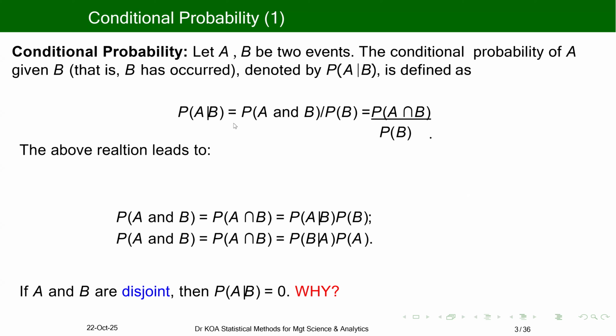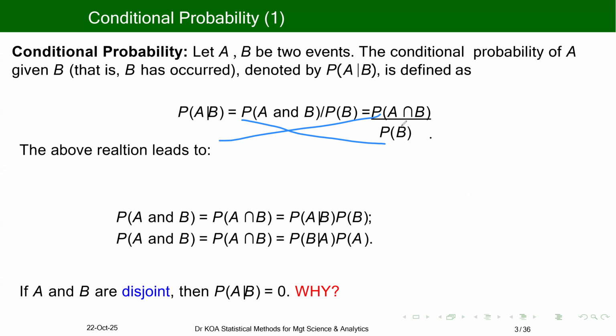From this function, if I do a cross multiplication, we can say that the probability of A given B multiplied by the probability of B is equal to the expression at the top.